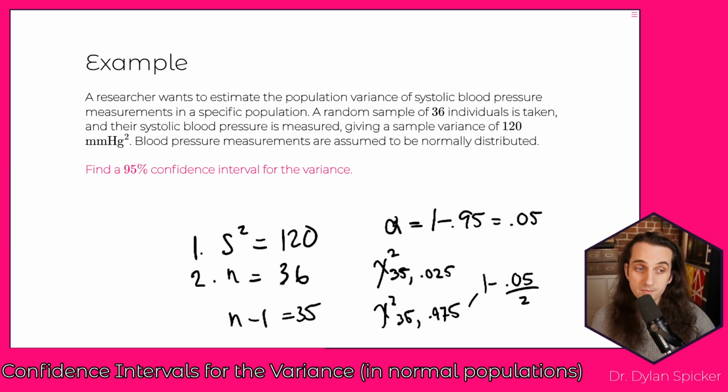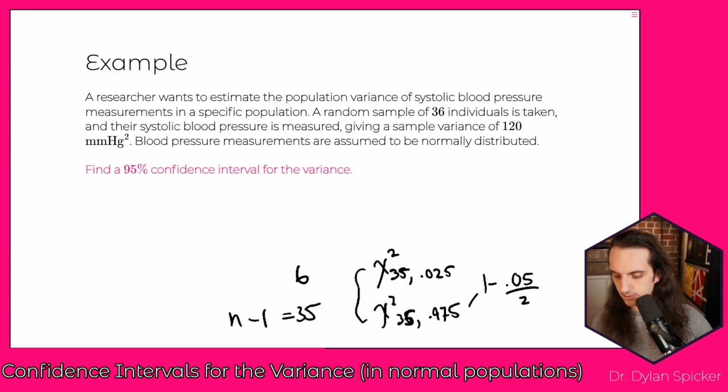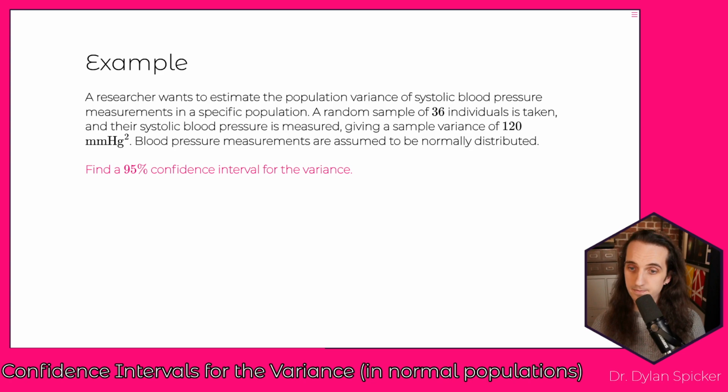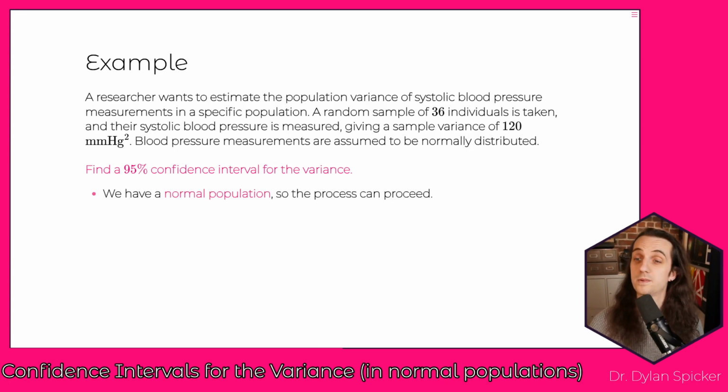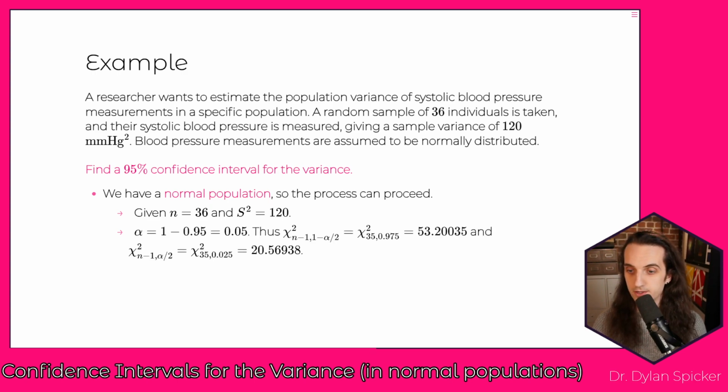And so in this case, we need both of these critical values, which we can get using, for instance, the R programming language. And so we can start pulling out all of this information. The normal population means that we can proceed using the intervals for the variance. We're given that n is 36 and s squared is 120.